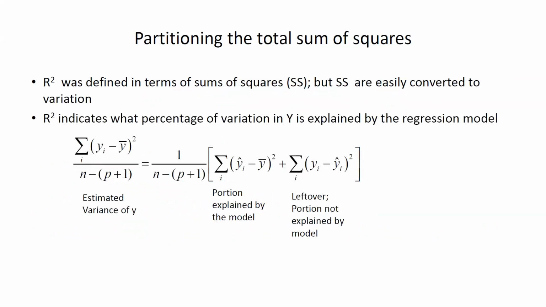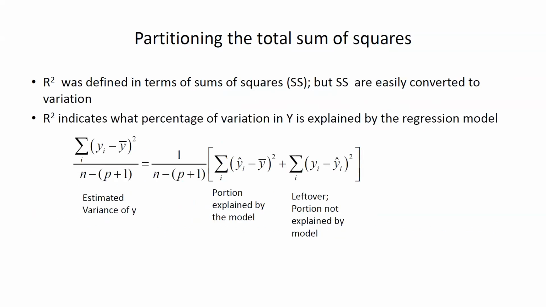So I keep talking about variation explained, but on the slides, we always had sums of squares, and you may wonder why I use the word variation when in fact the formula is sums of squares.